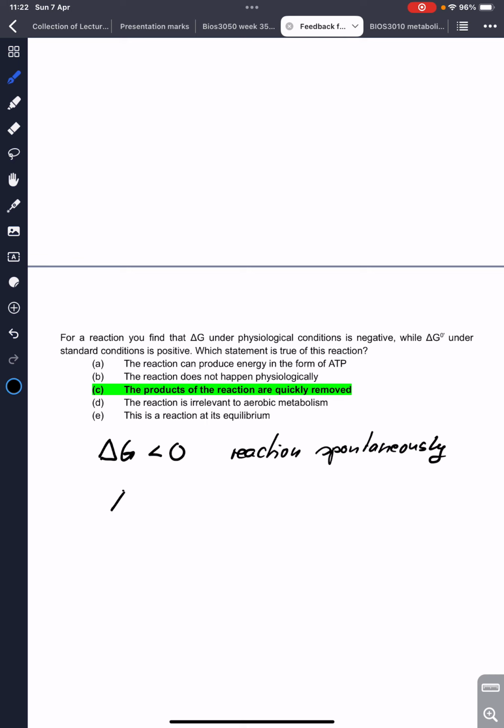Now, if we've got a reaction A plus B, and we have the potential to run the reaction in both directions, we find that under standard conditions, delta G naught prime is positive. So it's larger than 0.